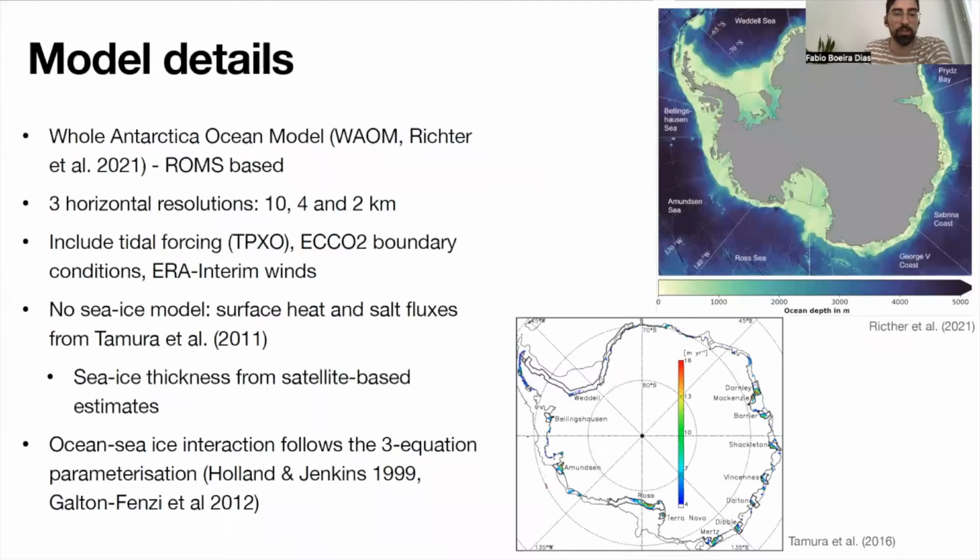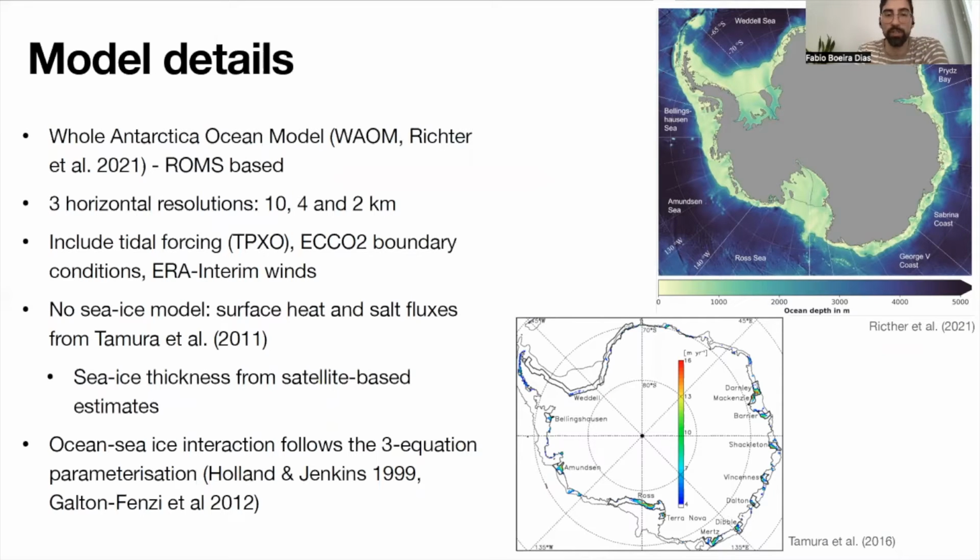So we use this Circumpolar Antarctica regional model based on ROMS. It is an ocean ice shelf model. It is configured with 3 different resolutions ranging from 10 to 2 kilometers and includes tidal forcing, forced with open boundary conditions and atmospheric winds. But this model doesn't have a sea ice component.